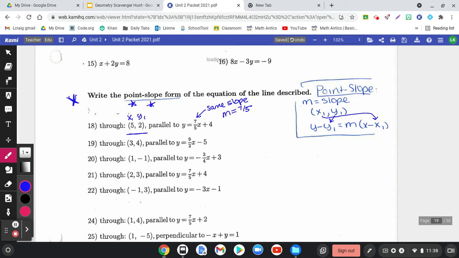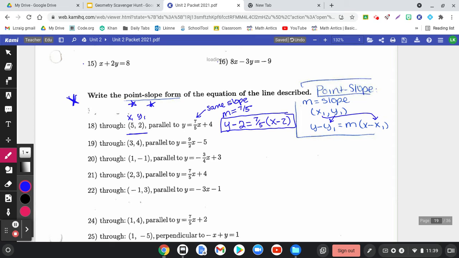So when you write the equation, it's just y minus the y value in your point, 2, equals your slope times x minus the x value in your point. And that's your answer. You'd be able to distribute and move the 2 over to make it slope-intercept form, y equals mx plus b. But in this case, we're just going to practice using the point slope form.